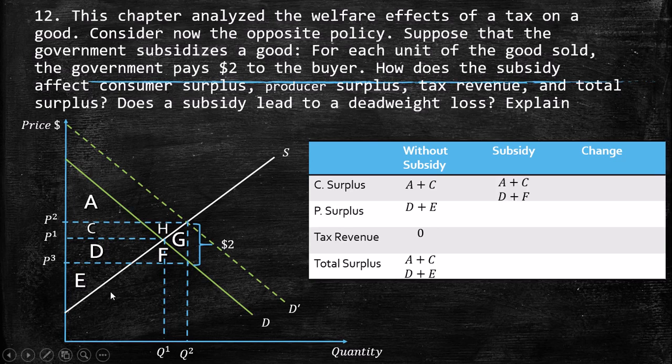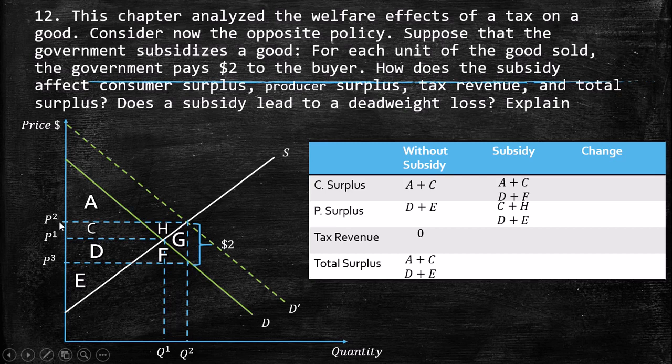Now with the subsidy, the consumers will pay just P3, so they will buy Q2. This is going to be the new price the consumer pays. Here we can analyze the consumer surplus as A plus C plus D plus F. What about the producer surplus?